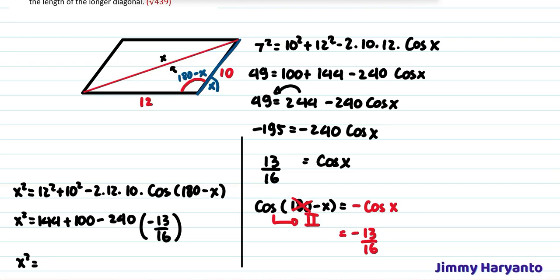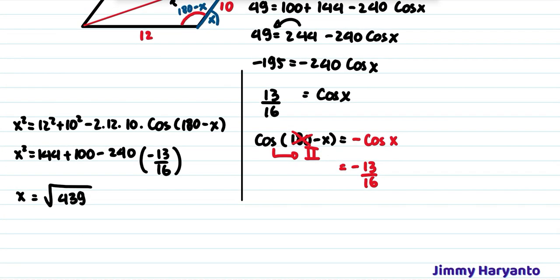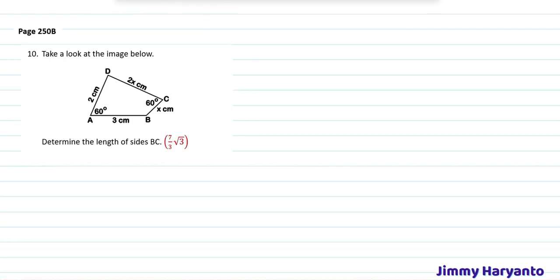I will calculate it all together: 144 plus 100 minus 240 times negative 13 over 16. So I will have 439. And I think this is the answer. Okay, and then next is question 10.